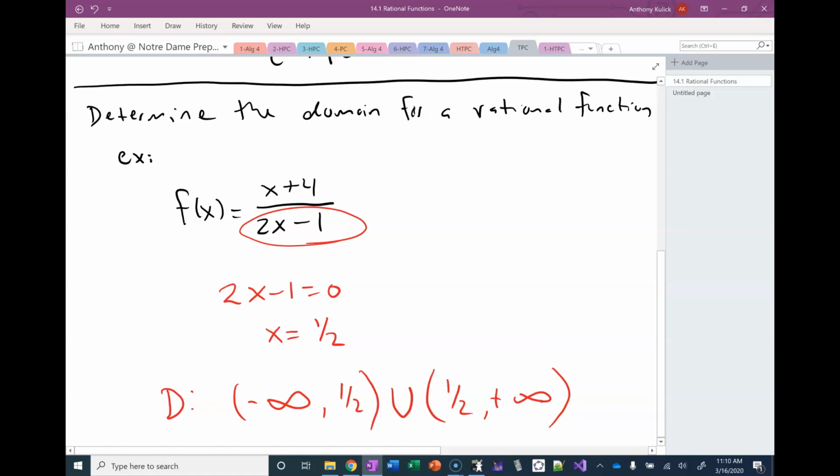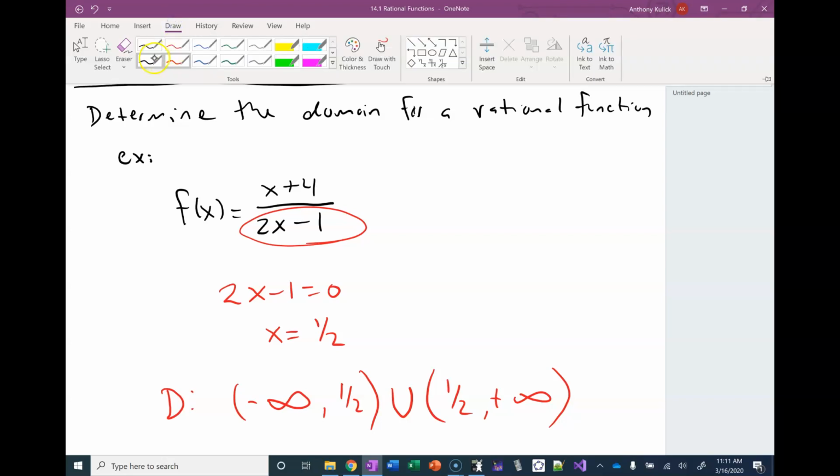Remember that the parentheses mean that that value is not included, so it's everything below 1/2 and everything above 1/2, not including 1/2. That's what we've written here. And that's the gist of it.